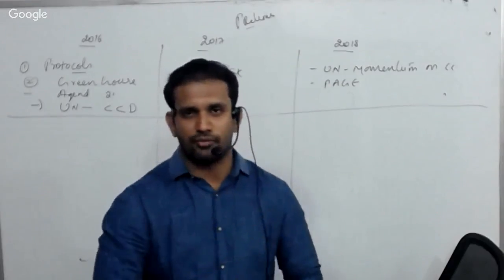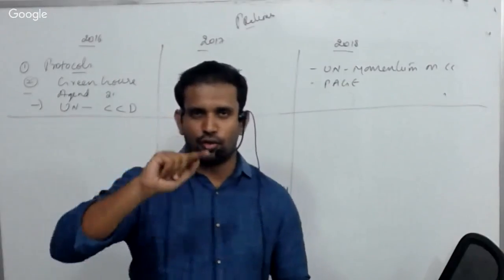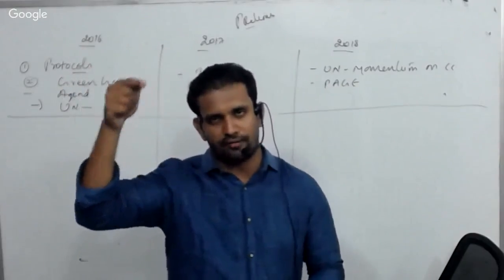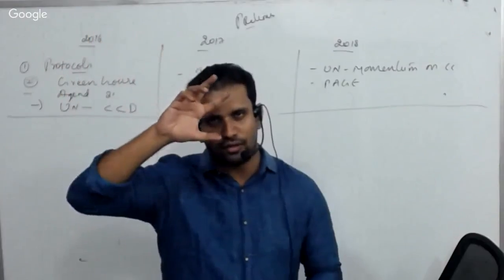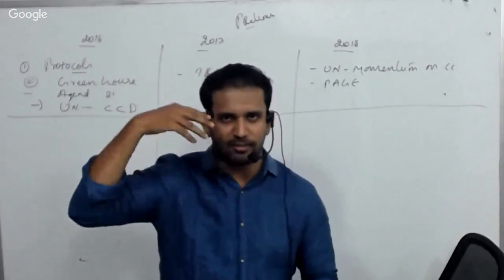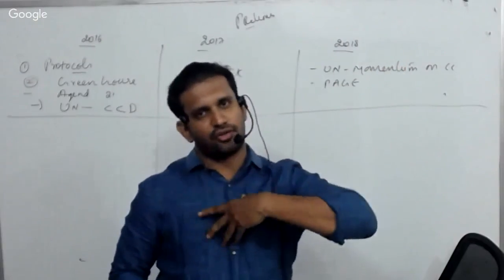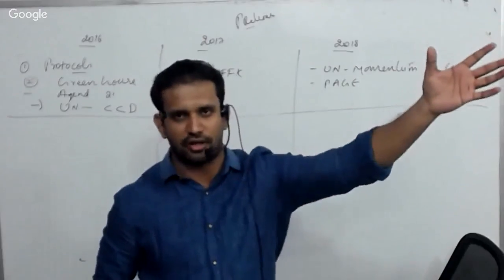What are the programs? For example, the United Nations Framework Convention on Climate Change, UNFCCC, is a global convention to deal with global warming. India is a member of it. So in response to that convention, India is showing the world that we have a National Action Plan on Climate Change, NAPCC.